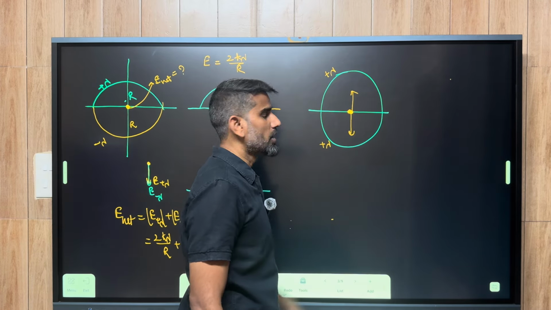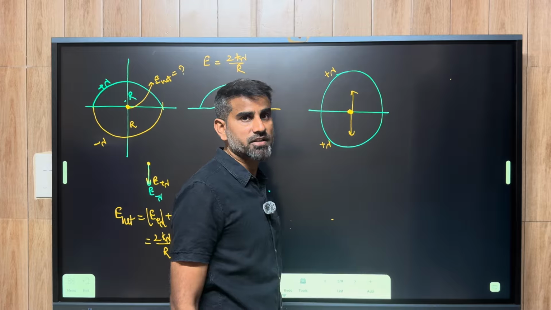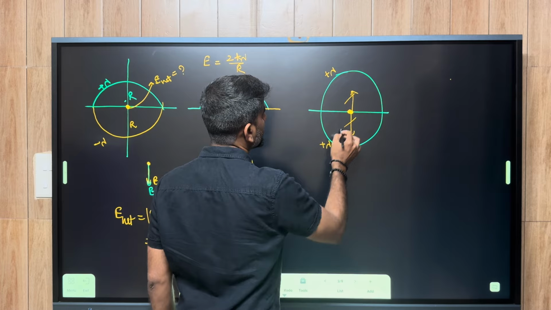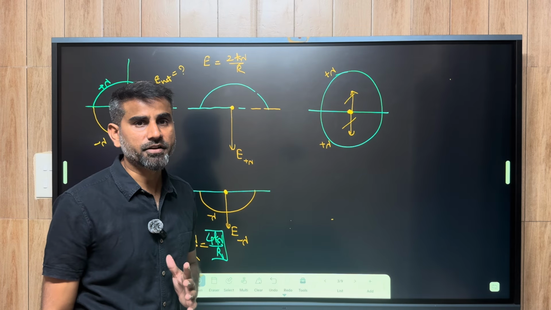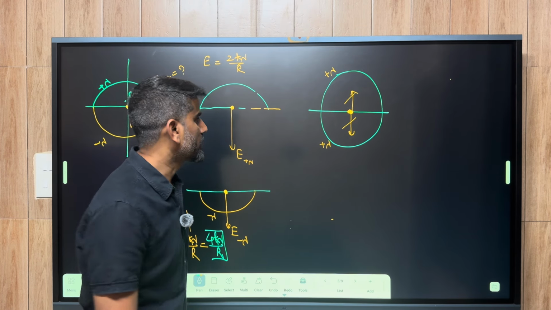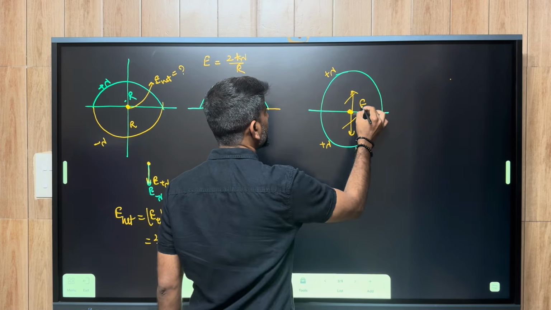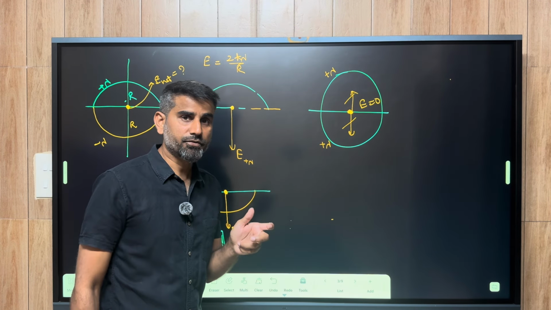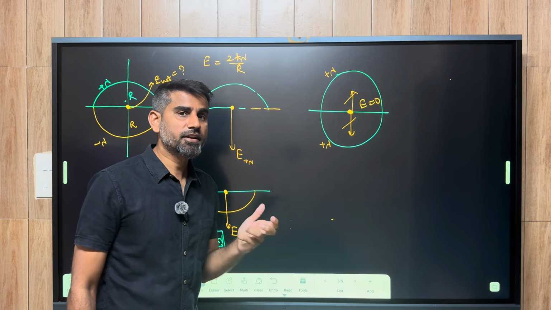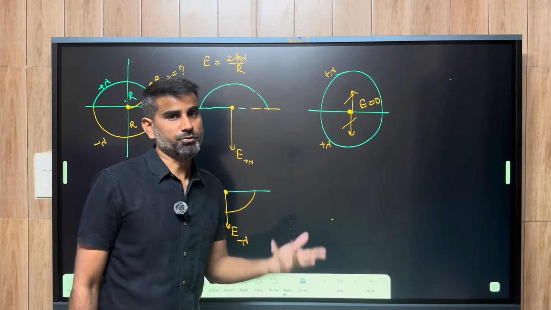As both of them have the same linear charge density, they get cancelled out. Hope my point is clear, right? So the electric field E is equal to 0. For a charged ring, the electric field at its center is 0.